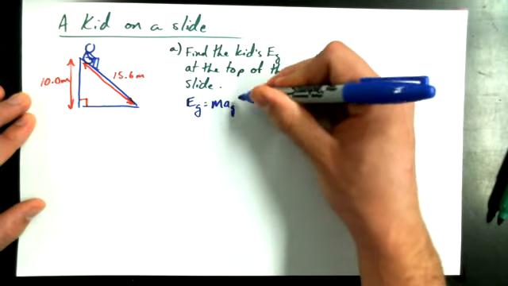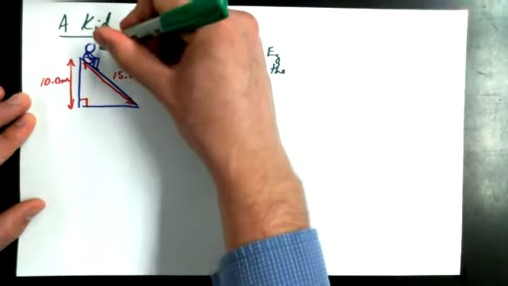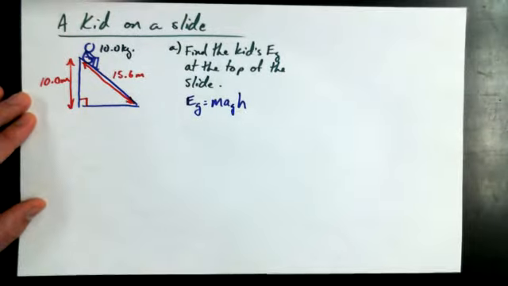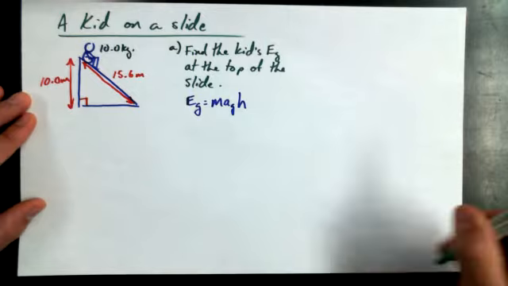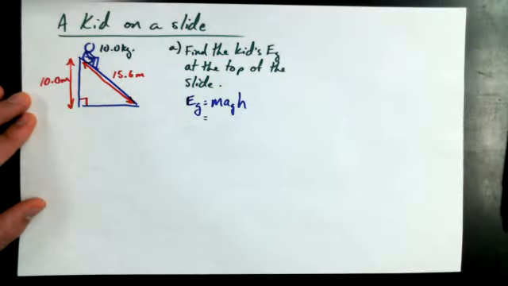Somebody said, oh, he didn't give us a mass. Let's give the kid a mass. 10 kilogram kid. Nice round numbers. It's a little person.